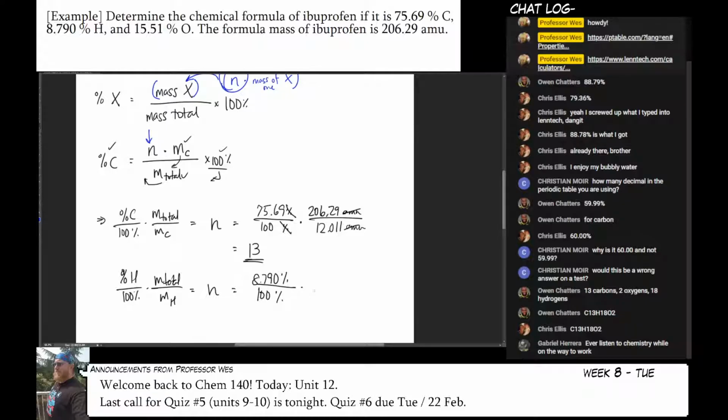Do I listen to chemistry on the way to work? No, this is my work. I walk 5 feet from my bed to the computer. I don't have to listen to chemistry. I don't have any time. It's just right there. I do occasionally read articles about chemistry.